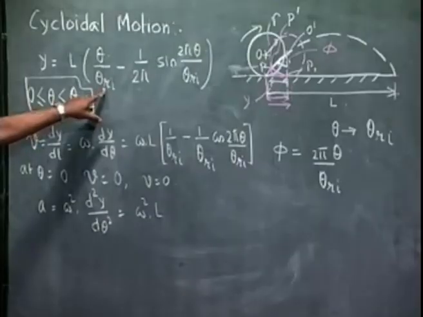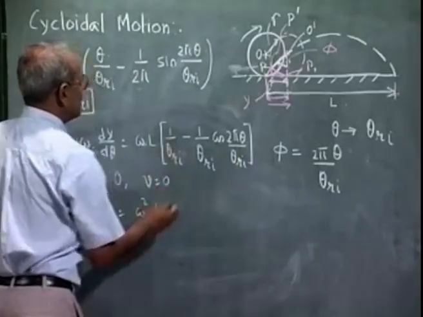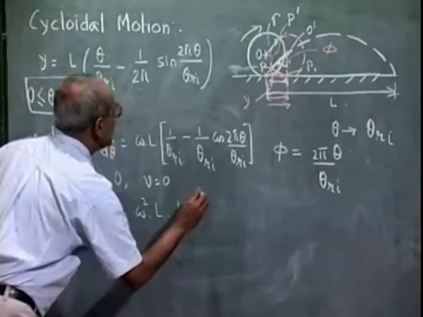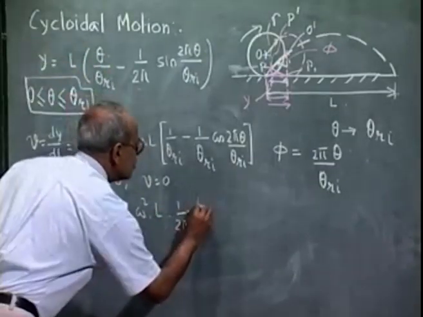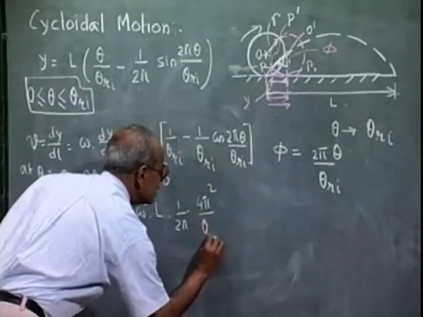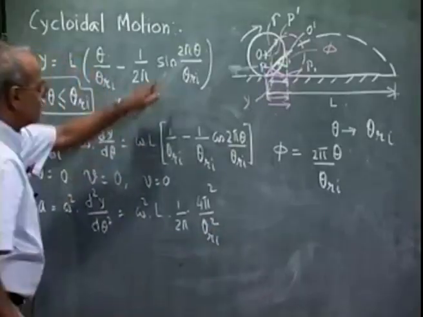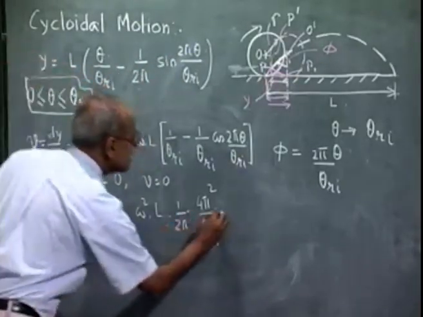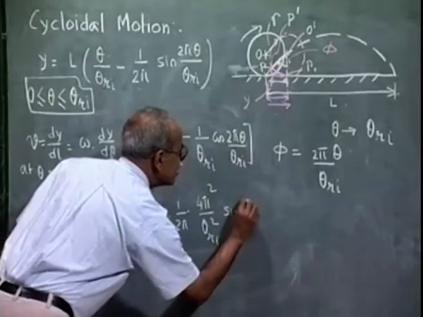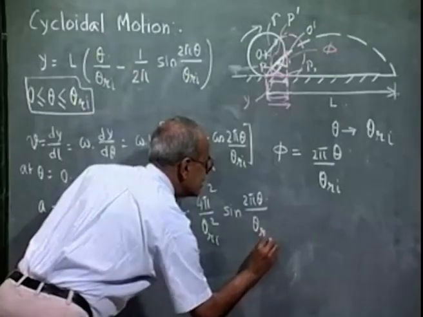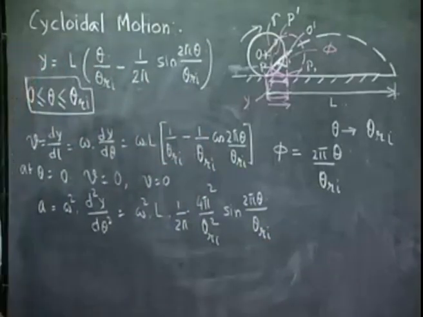This does not give me anything, and this gives me 1 by 2 pi into 4 pi squared by theta Ri squared. You get it twice, and minus minus makes it plus, sine 2 pi theta by theta Ri. So this is the value of the acceleration for any value of theta.